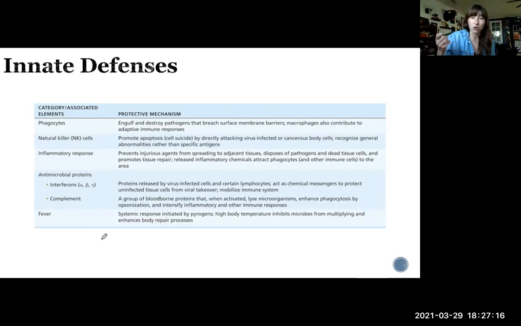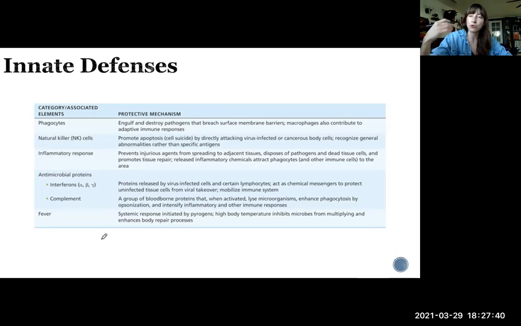Immune cells go up and change the thermostat in your hypothalamus, which is really crazy. They turn up the thermostat, and it turns out that heat might denature lesser microbes faster than it denatures the proteins that you actually need. So it can help to fight things like that.